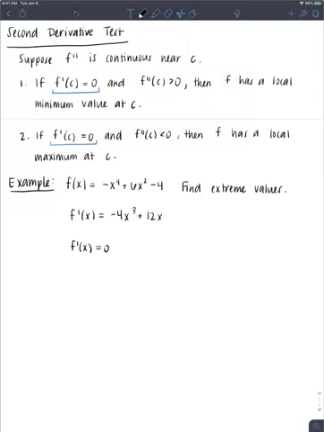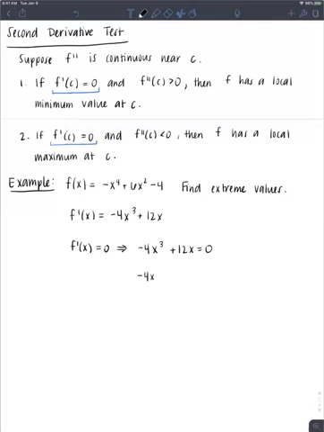So this is what we're looking for. I'm going to get negative 4x cubed plus 12x equals 0, which means, so I'm going to change this a little bit so it's easier to look at. What can I factor out of this? Negative 4x.